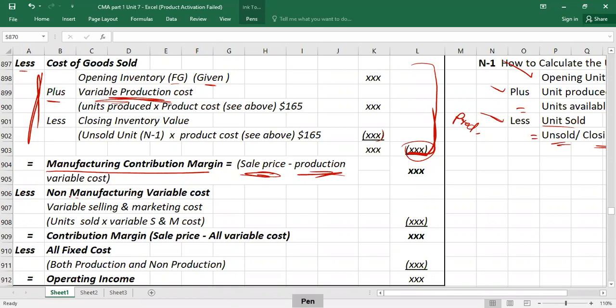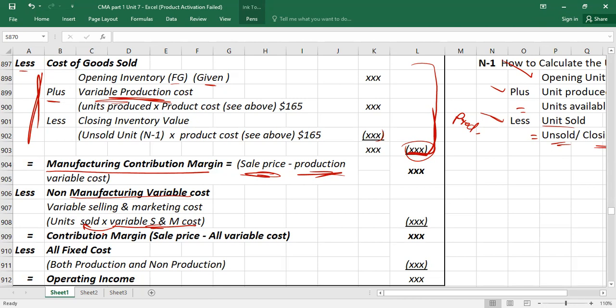For example, he told you variable selling and marketing cost is $2 per unit. So I will take that per unit data and multiply it with which? With units sold, not produced, because it's a selling cost. Selling cost will be incurred on units sold, not on units produced.